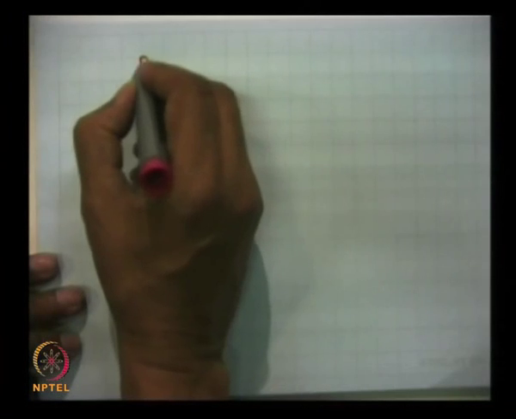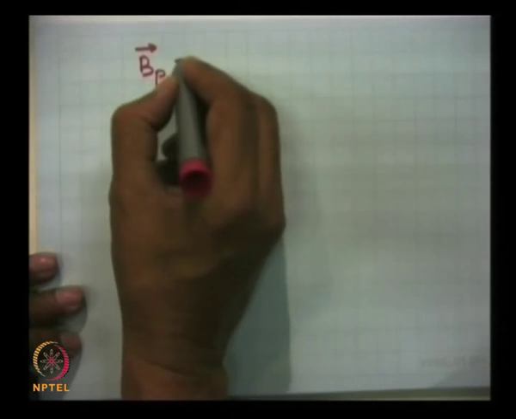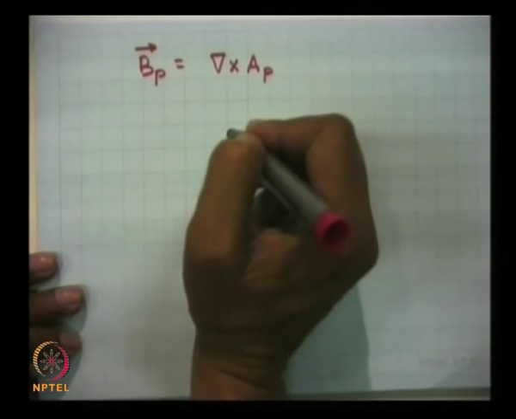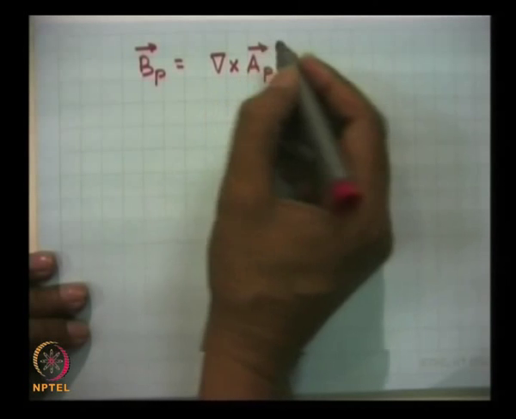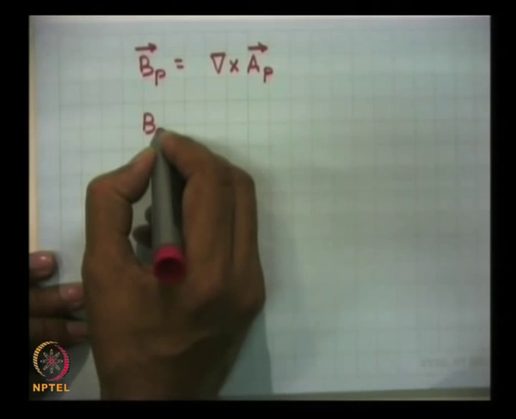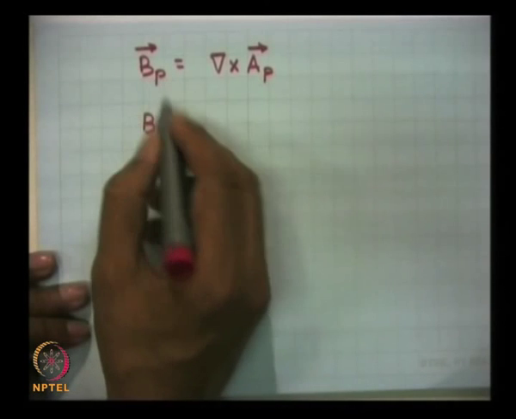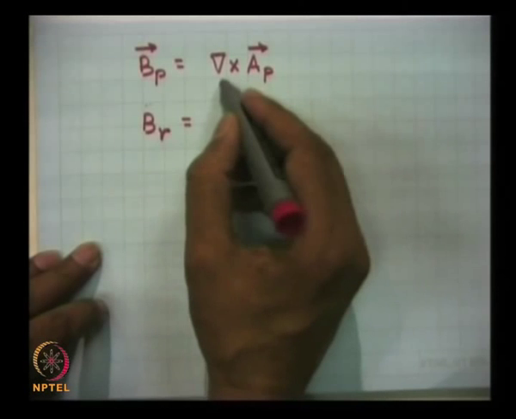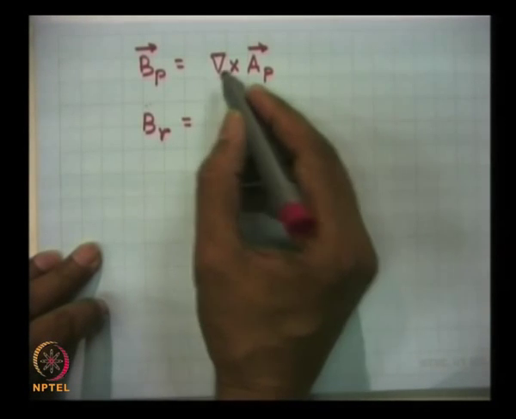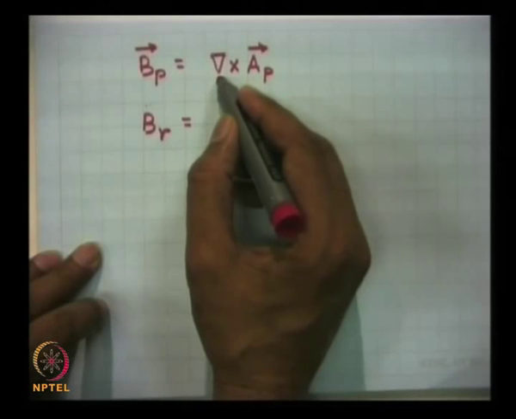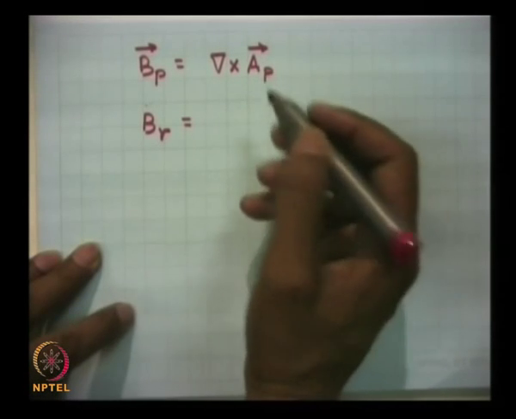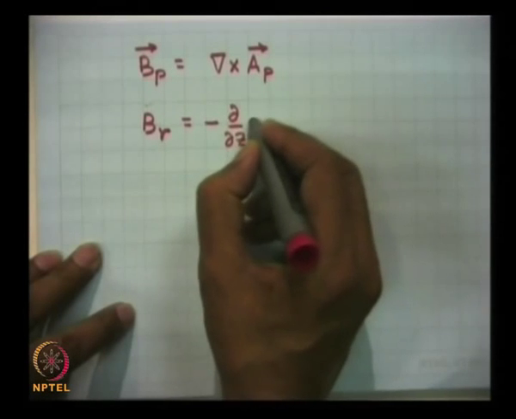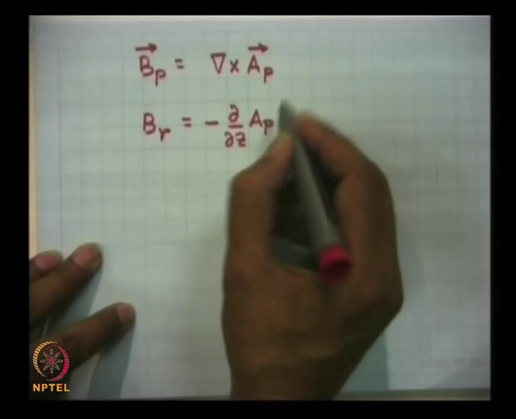Bp we have as curl of AP, and Bp radial, which we simply call Br, will be equal to, if I write down a phi component here, Z here, minus Z here and phi there, minus delta by delta Z of AP in the phi direction.